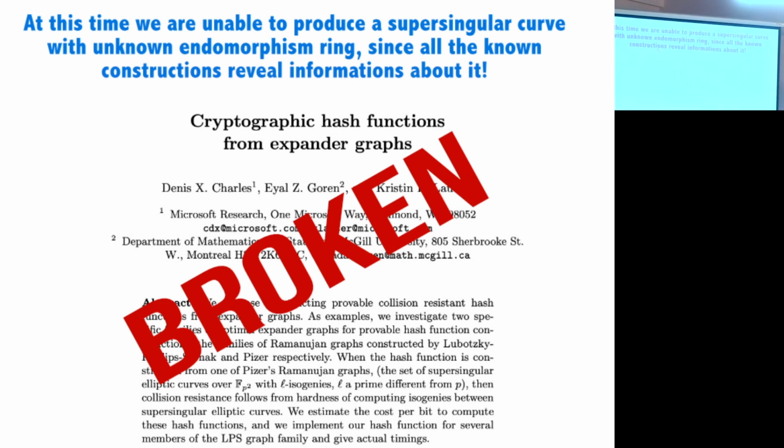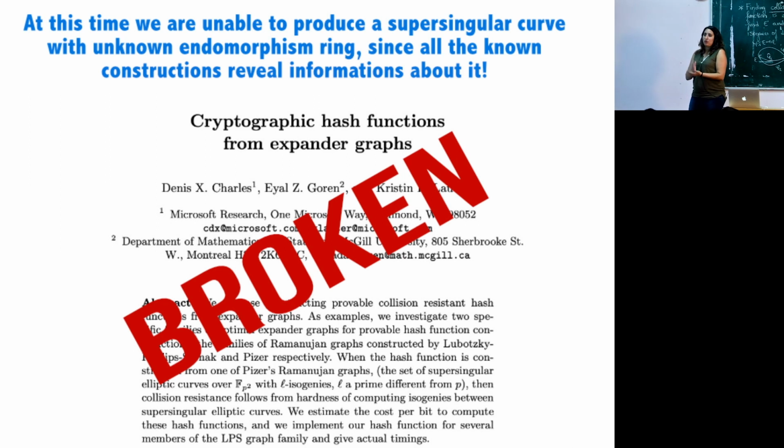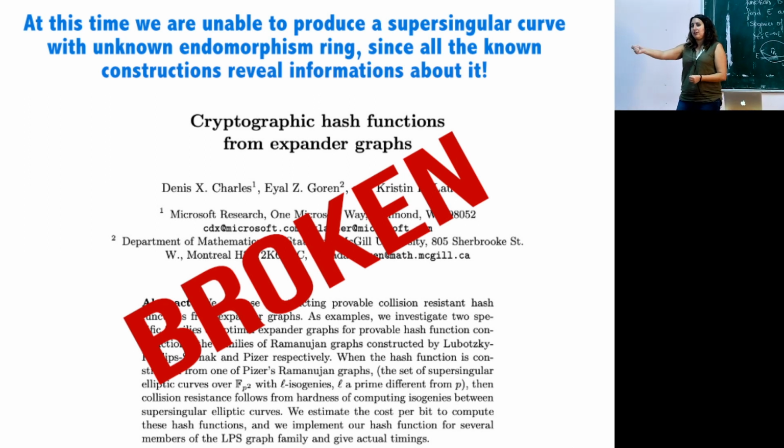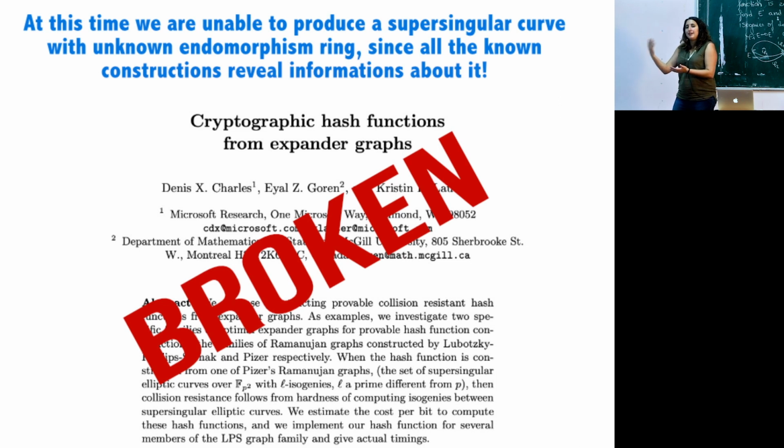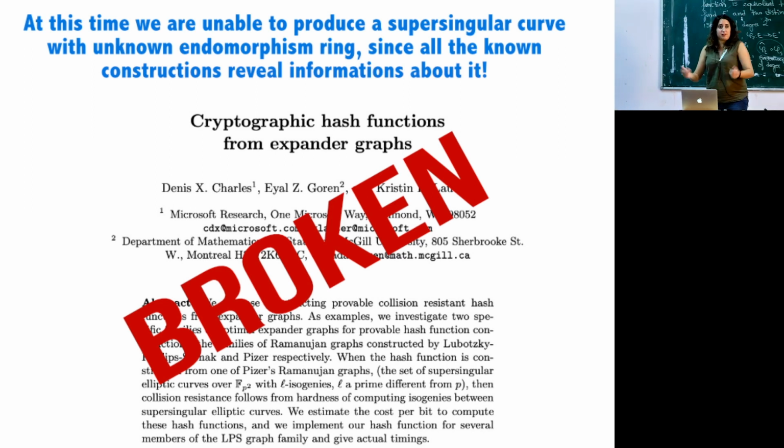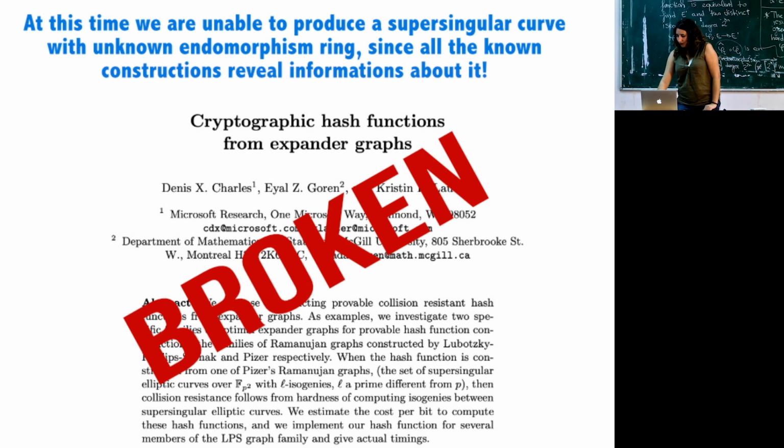This is the endomorphism ring, and you have to know that at this time we are unable to produce a supersingular elliptic curve with unknown endomorphism ring. Imagine p very large. If we are able to construct a supersingular elliptic curve over that finite field, automatically we know information about the endomorphism ring, since all the known constructions give information about this.